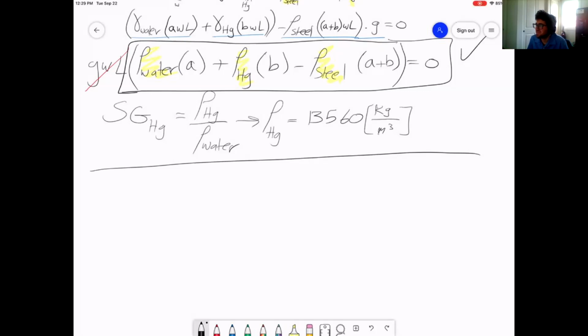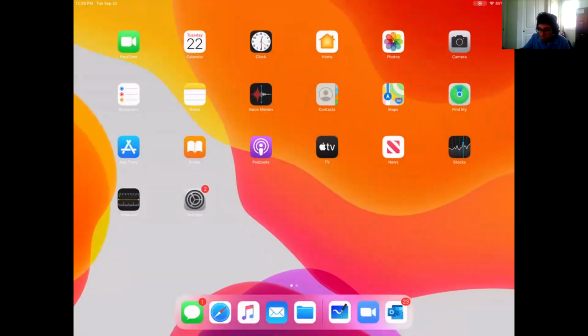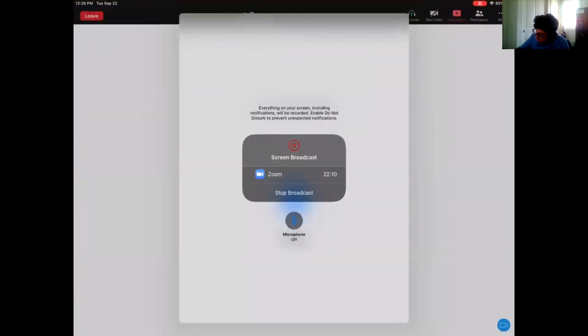Let me just try to screen share it. It says I can't screen share while another participant is also screen sharing. I think I have to end it from my end. Let me stop. Yeah, I think now you can screen share.